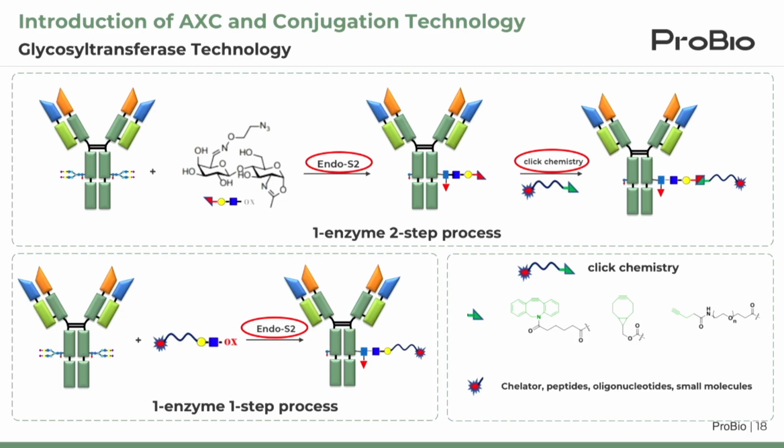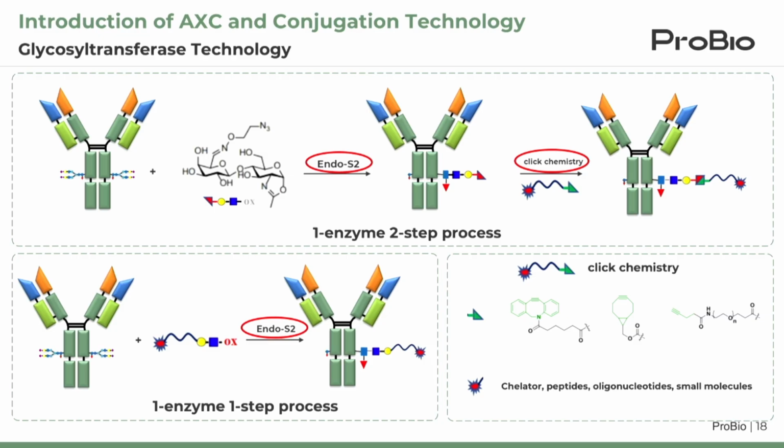There have been a couple of different platforms utilizing glycotransferase-based technologies, with the most advanced one from Synaffix, called GlycoConnect. And there have been a couple of ADC drugs currently in late phase clinical studies.